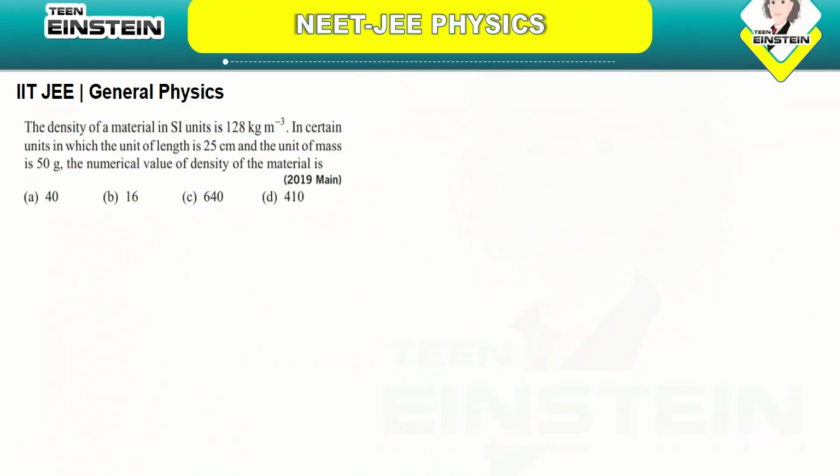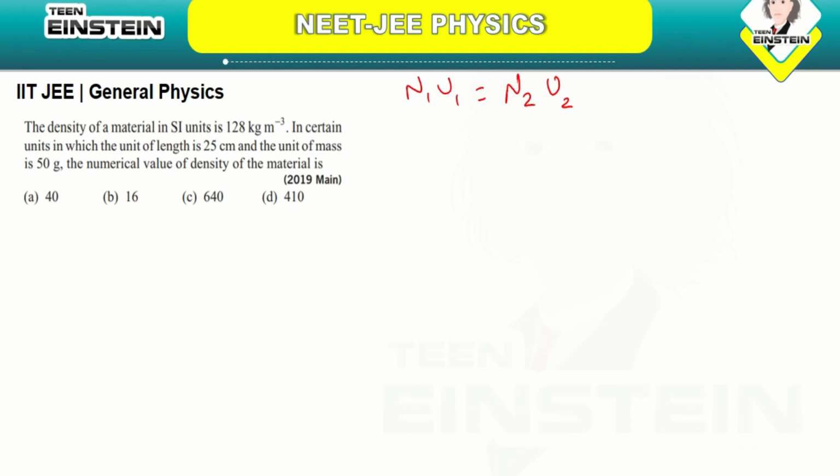The density of a material in SI units is 128 kilogram per meter cube. In certain units in which the unit of length is 25 centimeter and the unit of mass is 50 grams, the numerical value of density of the material is... So, to convert a measured value from one system to another system, we will be using N1 U1 is equal to N2 U2, where N is the numerical value and U is the unit.